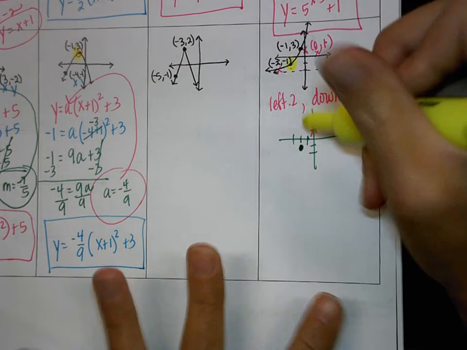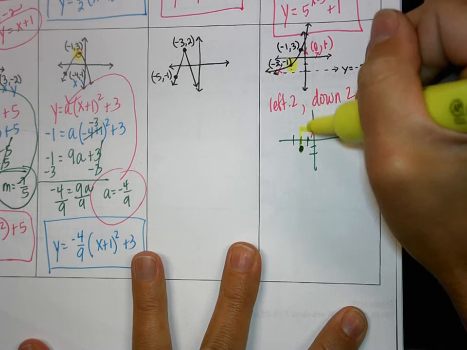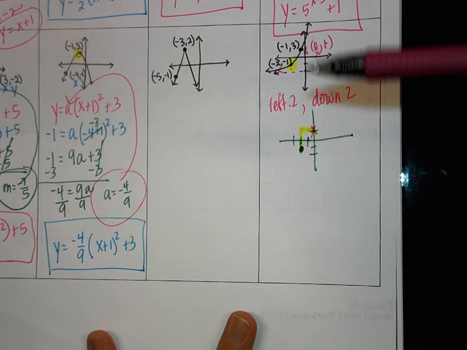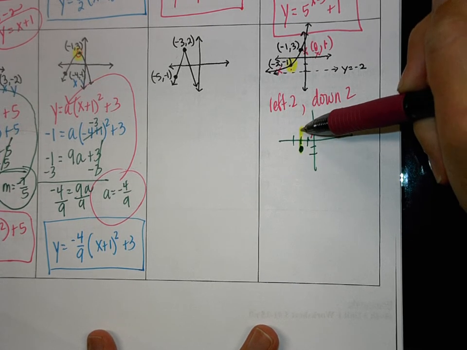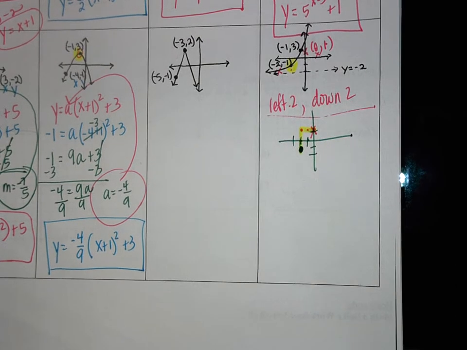And so we're trying to figure out what is the translation from that 0, 1 point, that starting point, to this point right here. And so from here, it's going left 1, 2, and it's going down 1, 2. So that's how I got the left 2, down 2. Is that better? Awesome. Okay.